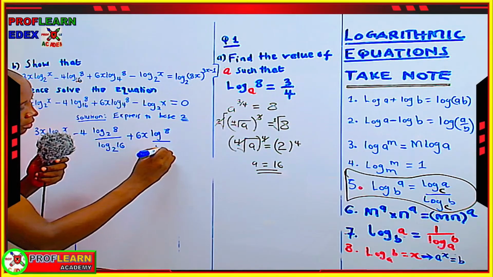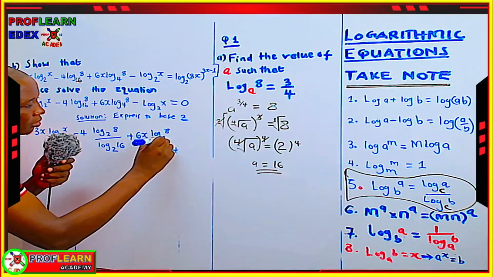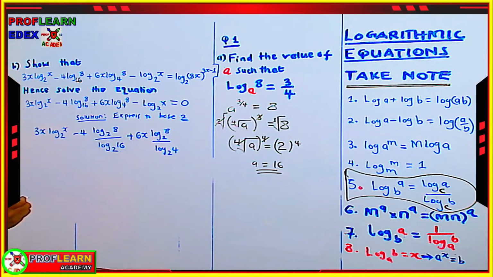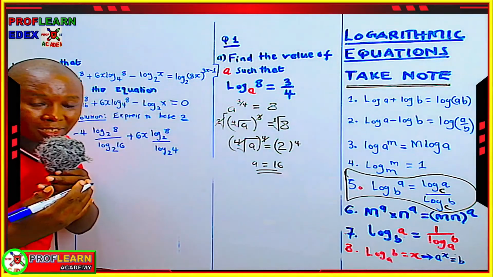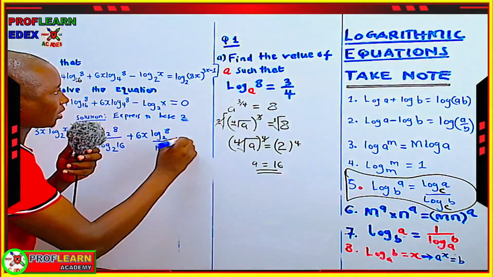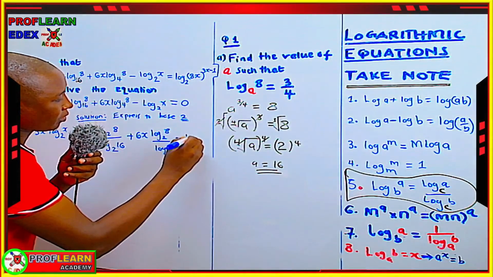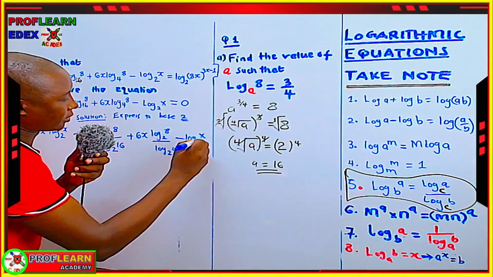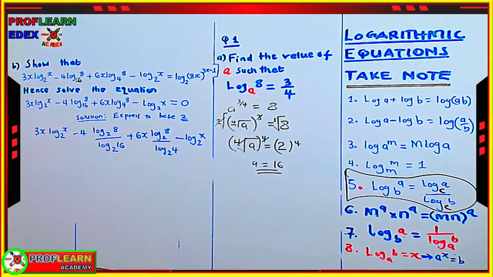And let's see, we are having log 4 base 2. This can be written as log 2 power 2 base 2, and this is 2 log 2 base 2, and that is going to be 2. And this part here can be replaced with 2.